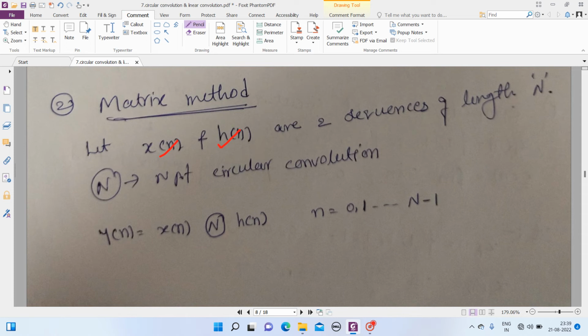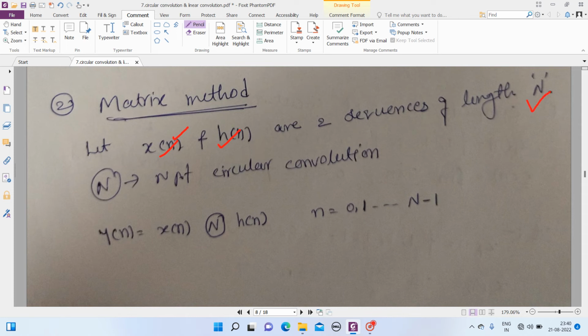Right now, just understand these are the two variables we use to represent the two sequences, because here we are convolving two signals. That is, x of n and h of n are two sequences of length N.